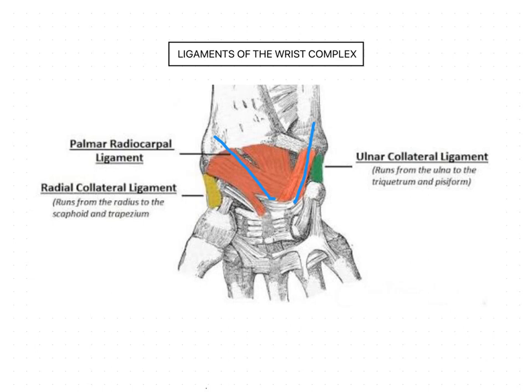The lateral ligament forms the radial collateral ligament, which runs from the radius to the scaphoid as well as the trapezium, and then the ulnar collateral ligament forms the medial ligament of the wrist joint, which runs from the ulna to the triquetrum and the pisiform bones. So these are the major ligaments which surround the wrist joint.